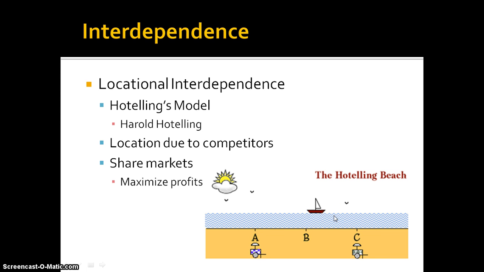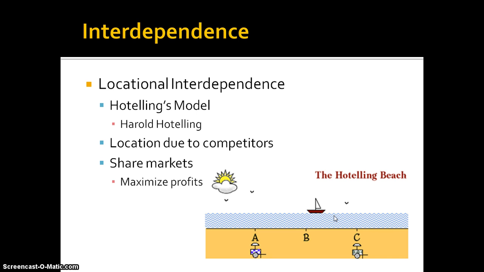They're going to locate themselves near each other so that they can take advantage of the same market, but far enough apart so that their markets are not necessarily overlapping, so that they each can maximize their own profits, and they're able to take advantage of the market share that they are able to handle.